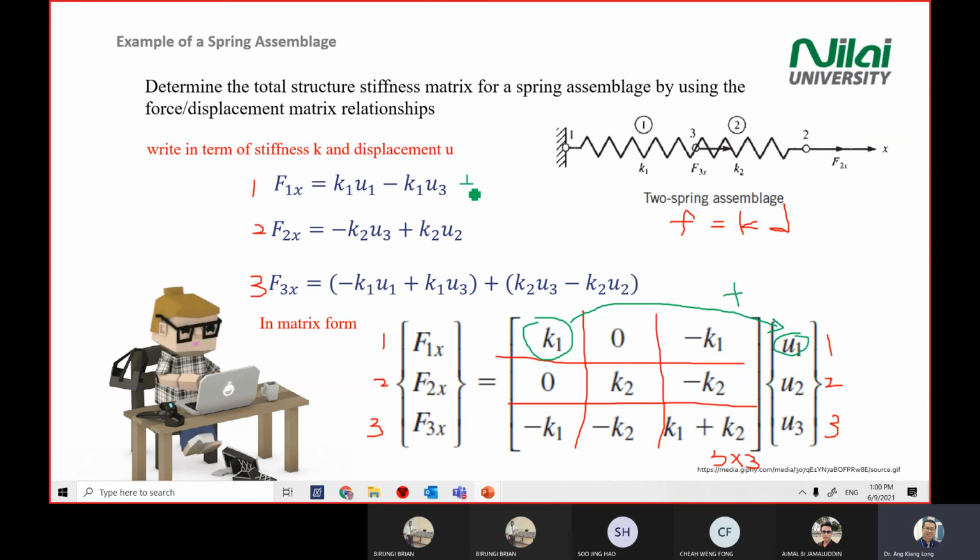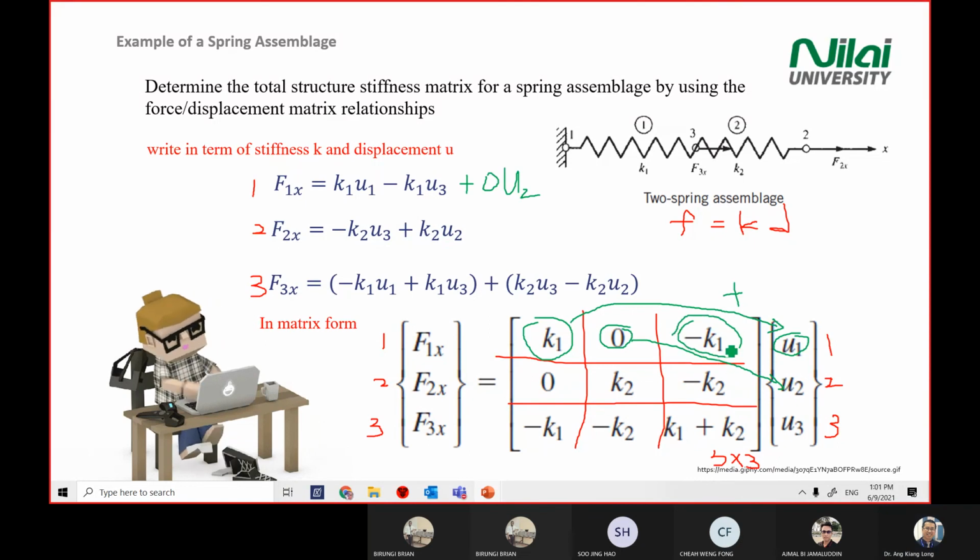So basically you can write 0 times U2. So you write 0 here, 0 times U2 plus negative K times U3. So you write negative K times U3. Clear, everyone? How you park your numbers?